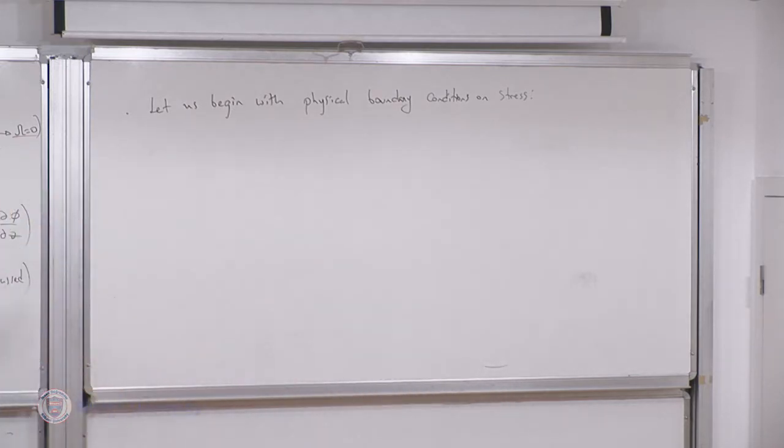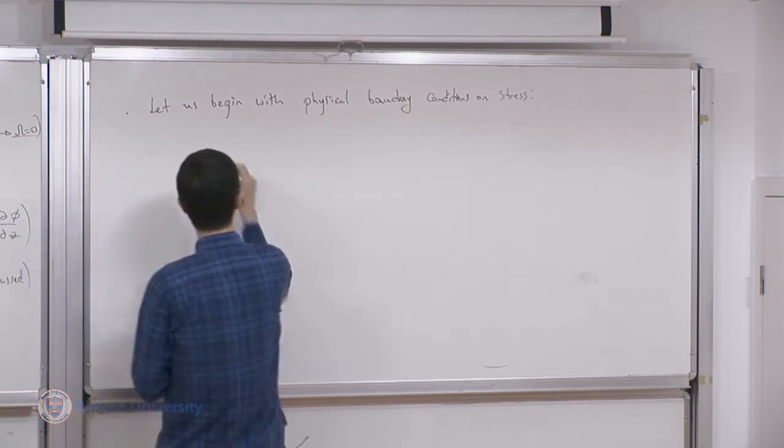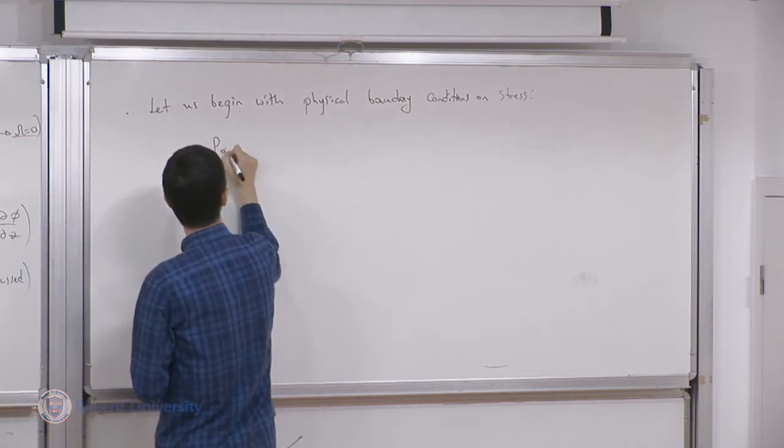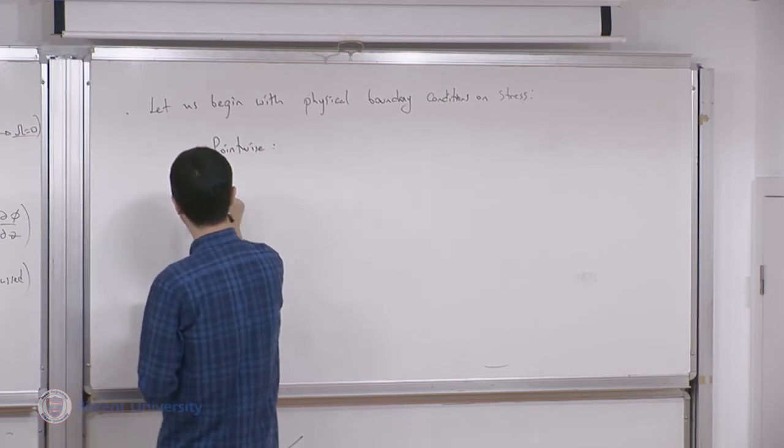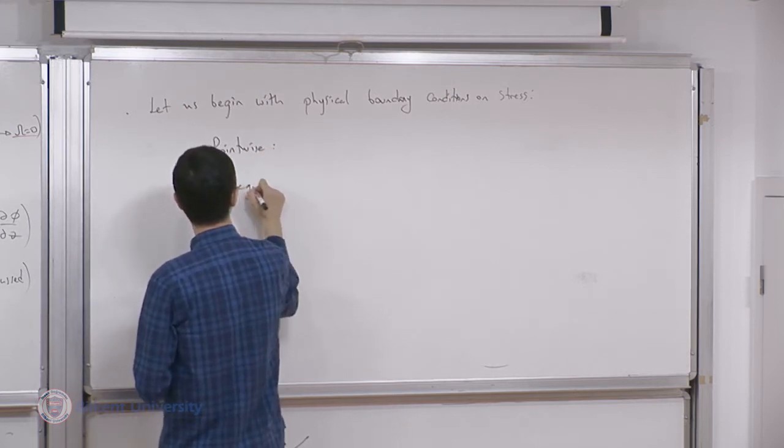This is physical in the sense that it's already present in the problem. I'm not relaxing anything. I'm not modifying it. This is the way the boundary conditions appear. And there are two types of boundary conditions. We have encountered these before. We will have eventually pointwise and integral type of boundary conditions.